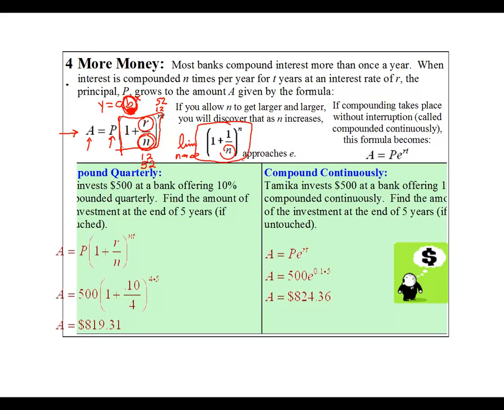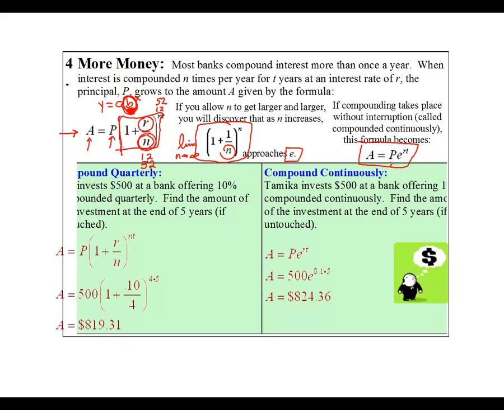As n gets really, really big, then what happens is, it approaches this Euler number, this value e. So instead of using just a base when we're compounding once a year or twice a year or 4 times a year or 52 times a year, if something's happening continuously, then we use this formula.